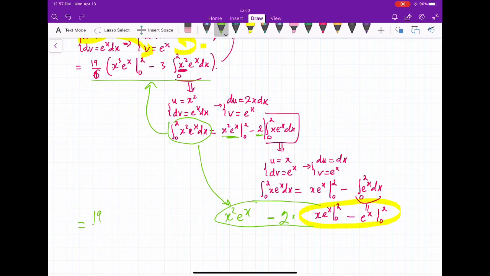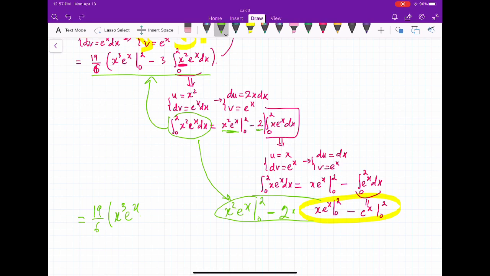I have 19/6 times x cubed e^x, here from 0 to 2. So minus 3, minus 3, okay, all this.